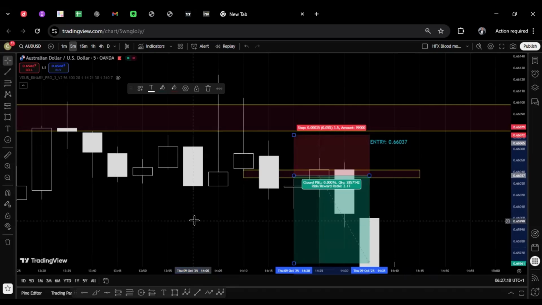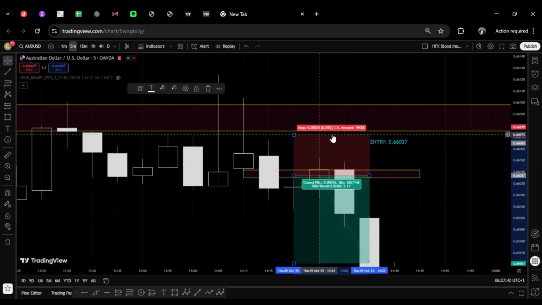Your one lot might be the same as another broker's 0.1. So your 0.1 can be $1 per pip. You can be risking $1 per pip with 0.1 lot size, and in another broker, one lot size is the same $1 per pip. So if you're risking $1 per pip on this particular trade, all you're risking is $3.5.